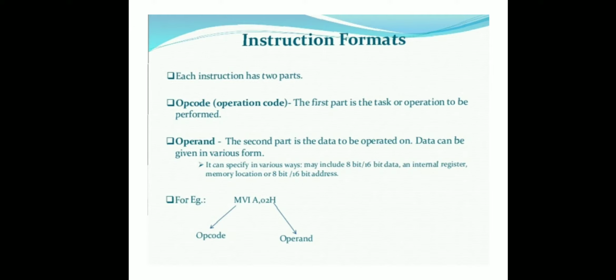Data can be given in various forms. It can be specified in 8-bit or 16-bit data, in an internal register or memory location, or it can also be 8-bit data or a 16-bit register address.